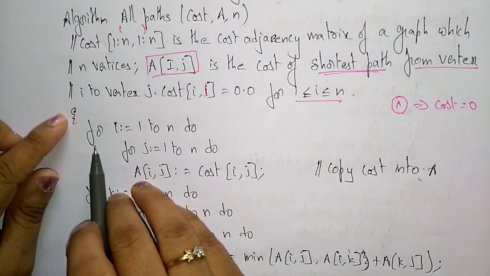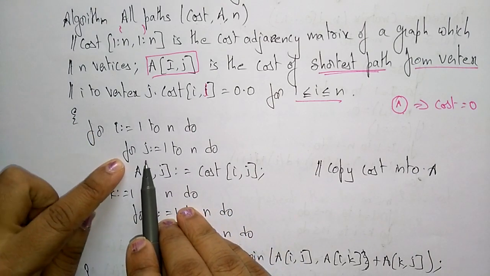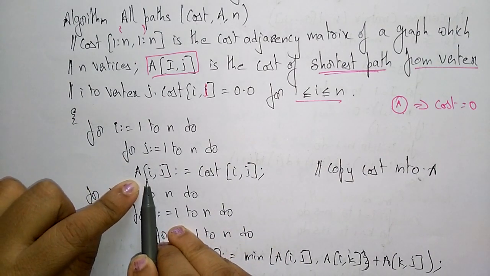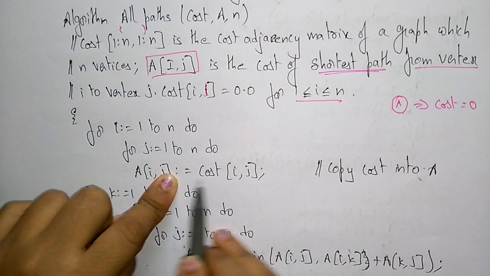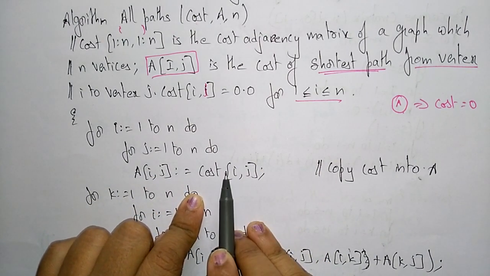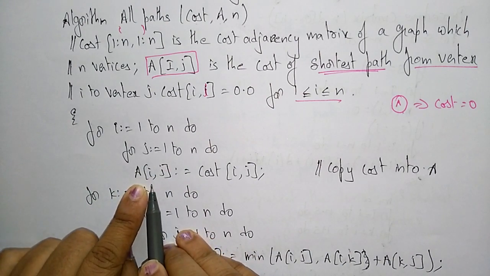Cost is 0 if you take only one vertex. Now let us check. For i is equal to 1 to n, then for j is equal to 1 to n, the cost of A of i comma j is equal to cost of i j. So just copy whatever cost is there to visit from i to j, that cost is moved to A of i comma j.